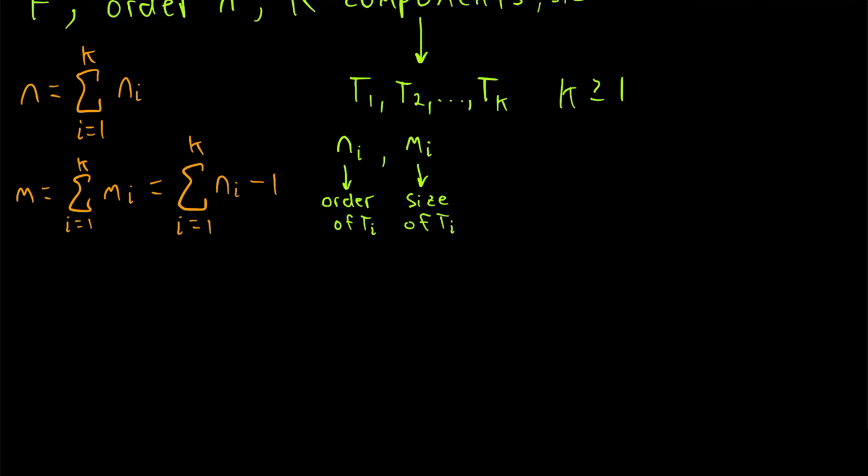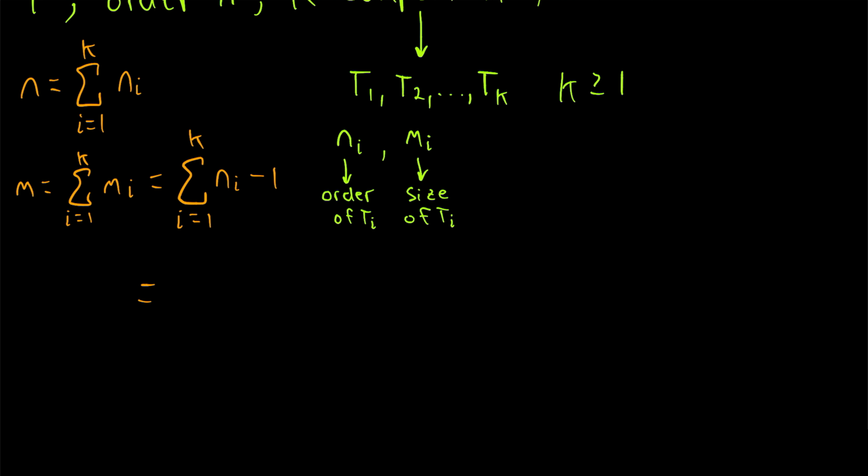Then if we wanted to take this really slow, we could rewrite it as two sums that we are very familiar with. First, we would have the sum of n sub i from i equals 1 to k, so the sum of all the vertices between the tree components. And then add to this the other part of our original sum. So we'll add the sum of negative 1, which is just being done k times.